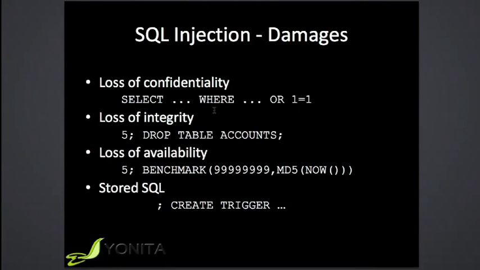So probably users are not served at the right performance, or probably we can experience even some crash or something like that. SQL injection might be stored for the future, like a hacker could create some trigger on update or insert, and that way it would be a long-term vulnerability and access to our internal data.